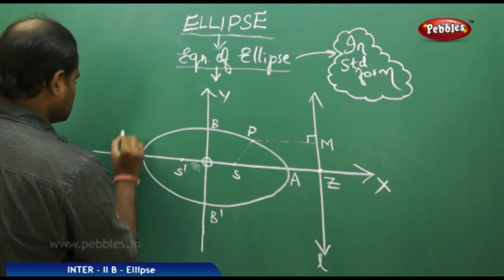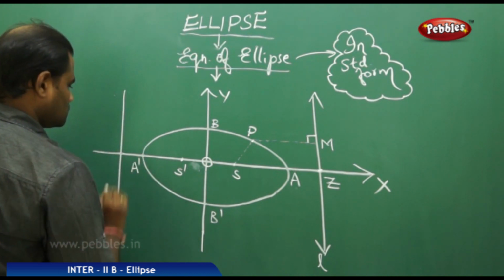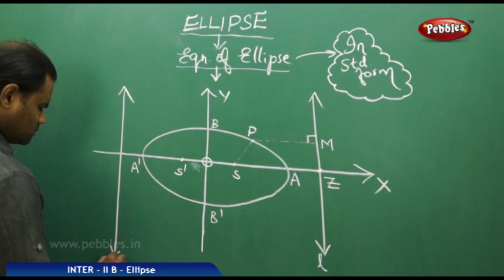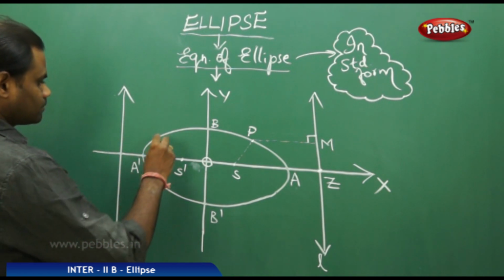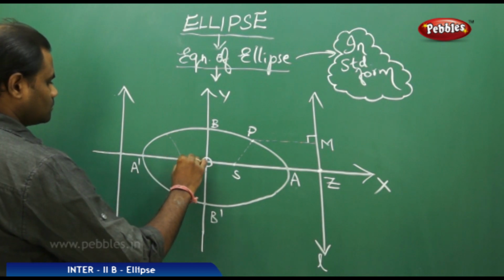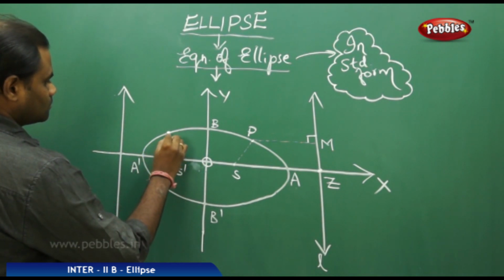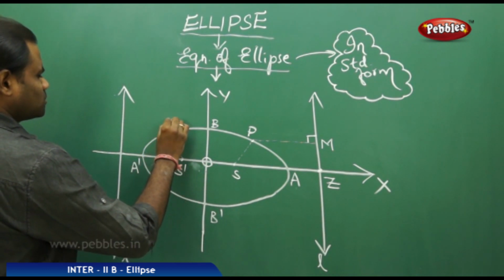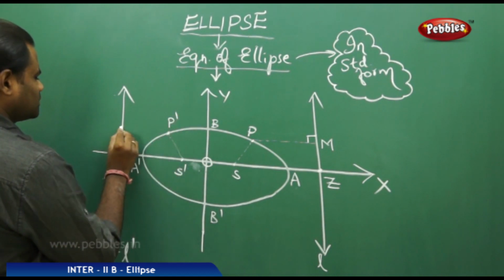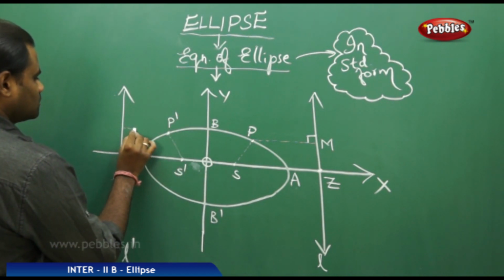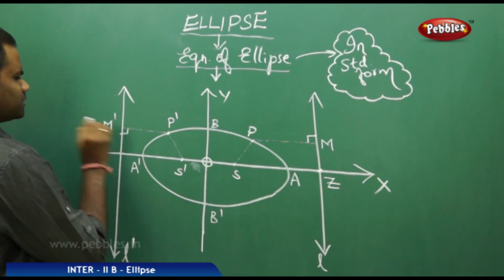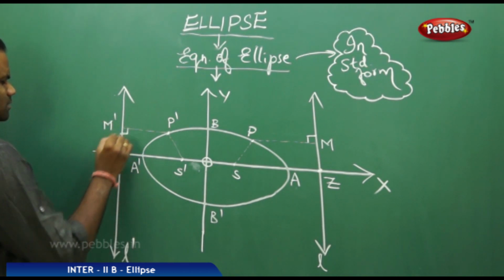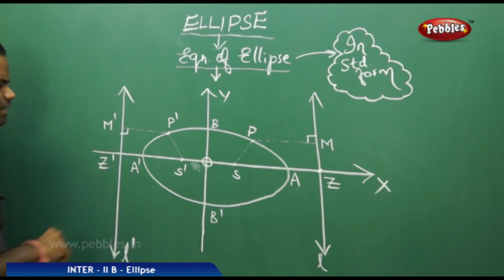Now this is the directrix L dash with respect to point P dash connected with PM dash, and this is Z dash.